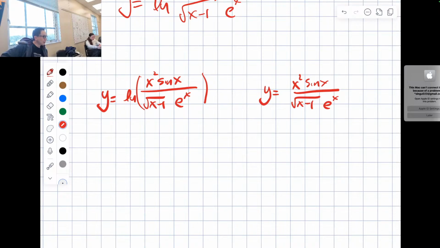But can you take a derivative of the first one first? Well, let's make sure that you simplify correctly first before you take a derivative. Once you simplify, check each other to see what the simplification looks like. I will tell you the 2 places people make mistakes. Simplify ln of x squared sine of x square root of x minus 1 e to the x.